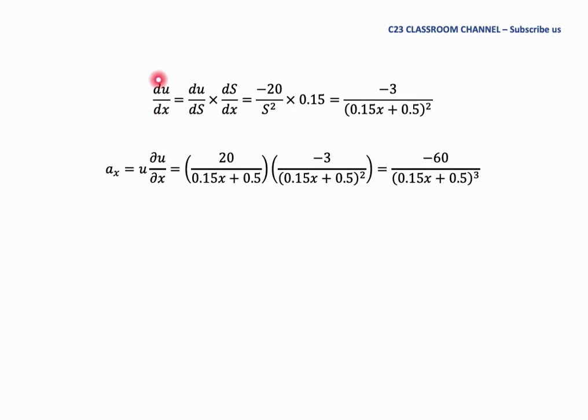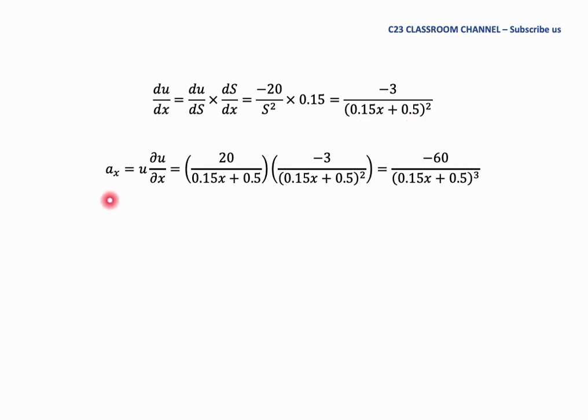So to get du/dx, we could calculate by multiplying du/ds times ds/dx. We already calculated du/ds is equal to minus 20 over S squared, and ds/dx is equal to 0.15. So we could get du/dx is equal to minus 3 over (0.15x plus 0.5) squared.